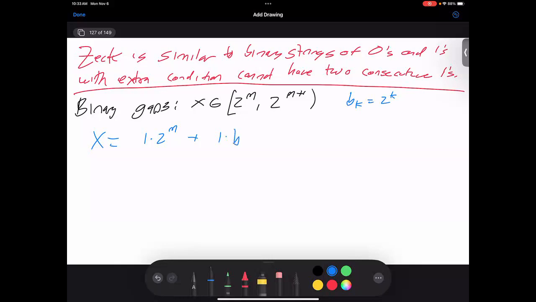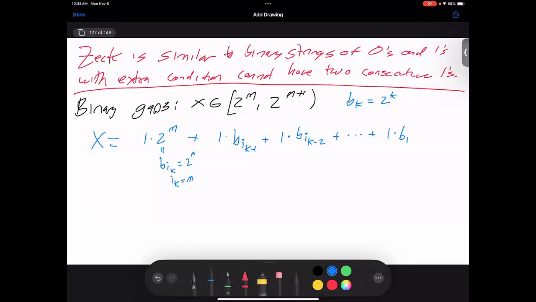So we'll do b_{i_2} plus, well, I've got to decide, do I want to have my indices high or low? We'll have them be high. We'll have this be b_{i_k} plus 1 times b_{i_{k-1}}, plus 1 times b_{i_{k-2}}, all the way down to plus 1 times b_{i_1}. And so b_{i_k} would be 2^m, so i_k would equal m.